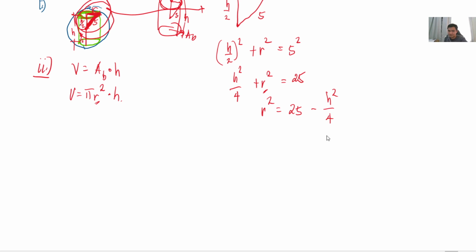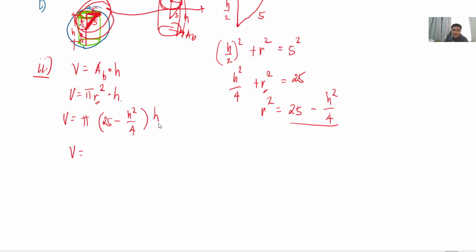Tama? Yes. So, maging V now is equal to pi times si R squared, palitan ko ng 25 minus H squared all over 4, times H. Lahat na ba in terms of H? Yes. And then, we're going to simplify pa natin.